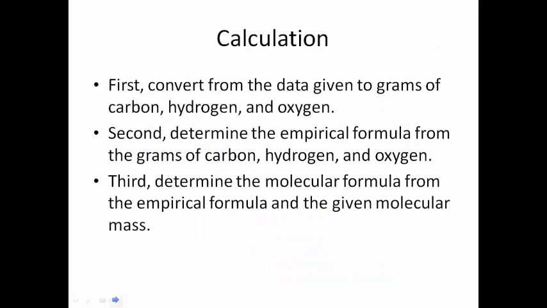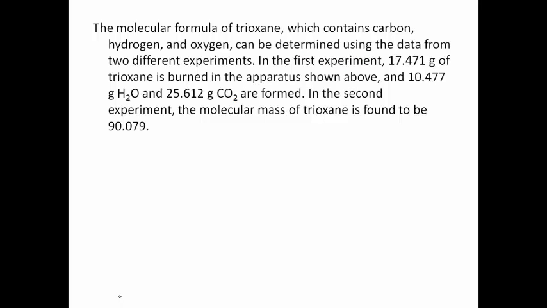So we're going to convert the data we get, grams of water and grams of CO2, into grams of carbon, hydrogen, and oxygen if we know it's present in the substance. Then we're going to determine the empirical formula the same way we did before. And then if we know the molar mass, we can use the empirical formula with the molar mass to find the molecular formula. So we're just adding a little thing up front with this.